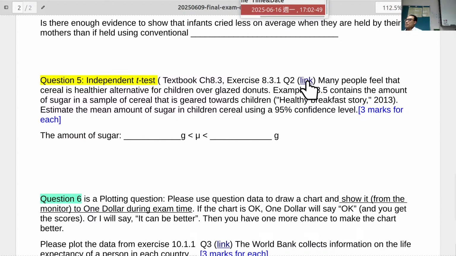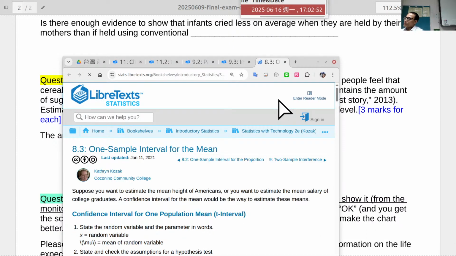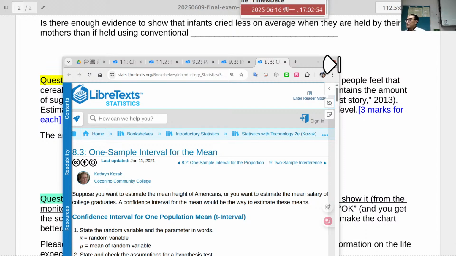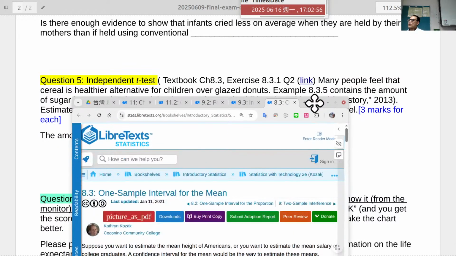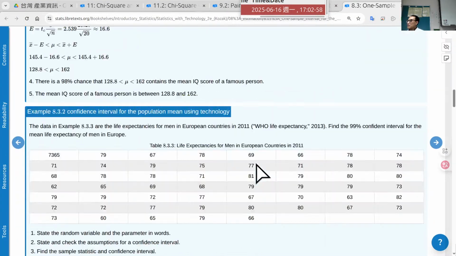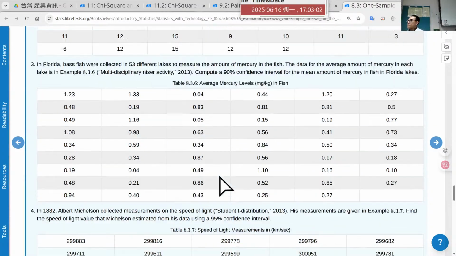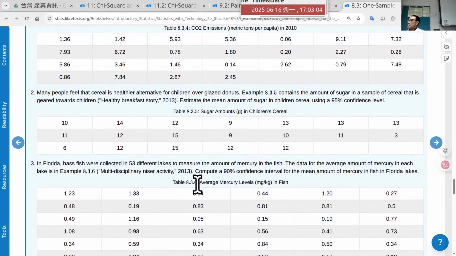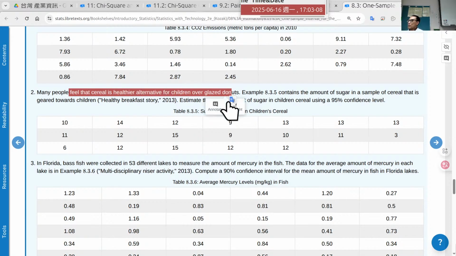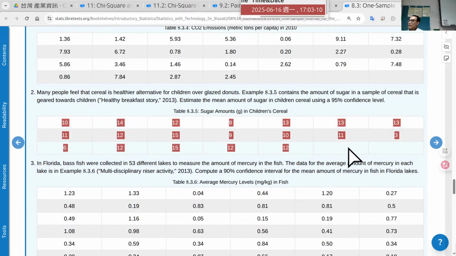Let's check this question. Question number 2 here. So we have those two. That's question number 5. Let's check it.